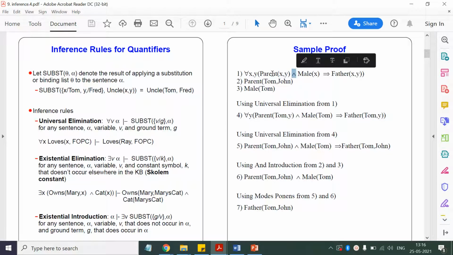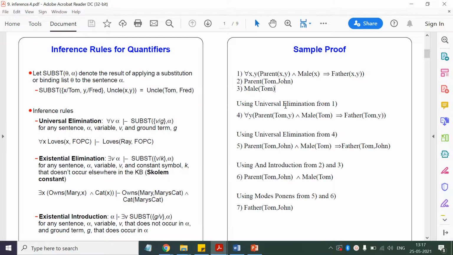But if and is there, so x is a parent of y and x is male, then x will be father of y, right? So this is true. Then one fact is given with constant. Tom and John are the constants. Tom is a parent of John. Tom is a male. Then we can say that Tom is a father of John, right? So we have to prove this with the inference rules. Okay, so let us do that.